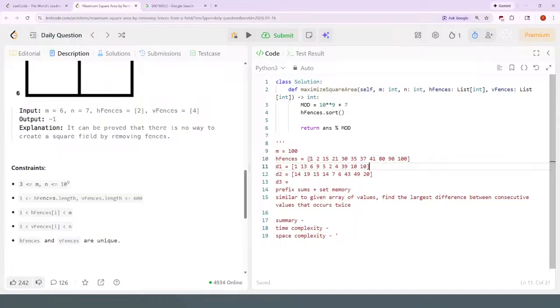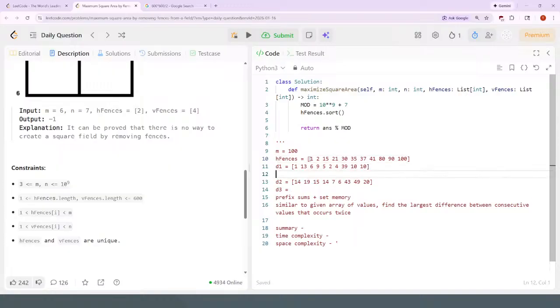D1. 1 to 100 is 99. So how would I maybe check to see if 99 is possible as the difference? Guess I can't do binary search, huh? Guess it has to be exact.